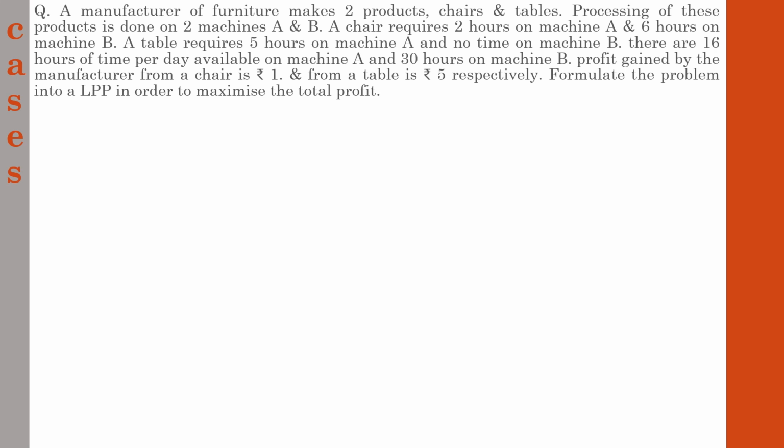The thing is, there is a manufacturer. He may be a furniture manufacturer, so naturally we know that a furniture manufacturer will produce chairs and tables. In the question it is specifically mentioned that profit is gained by the manufacturer, so it is a question with regard to profit. So the constants we mentioned previously, like C1 and C2, will be representing profits.